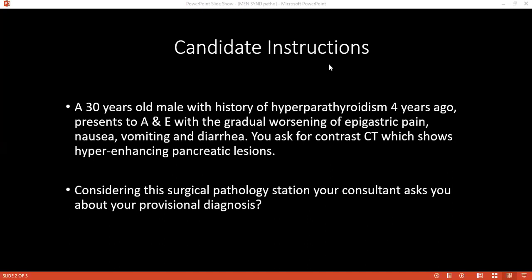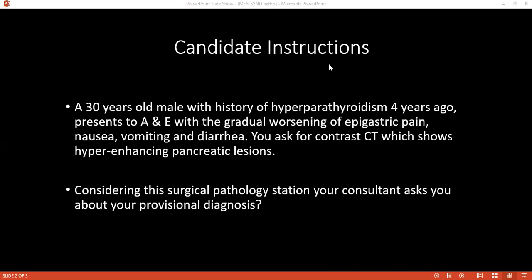If I ask you to define the term apoptosis, how would you define it? Apoptosis is a programmed cell death which doesn't require energy, and it can kill the cell mostly in physiological conditions.